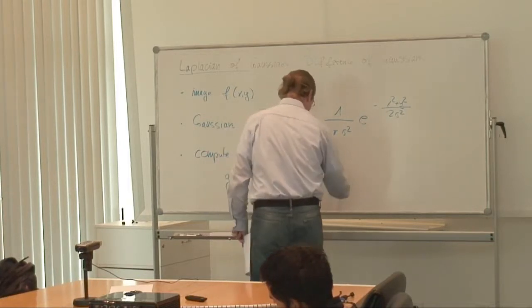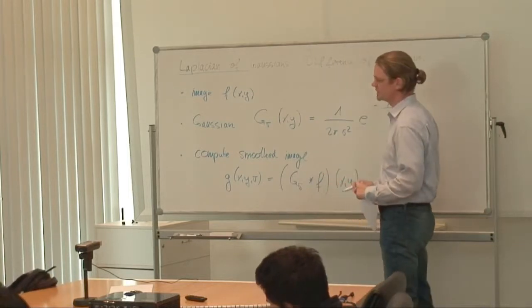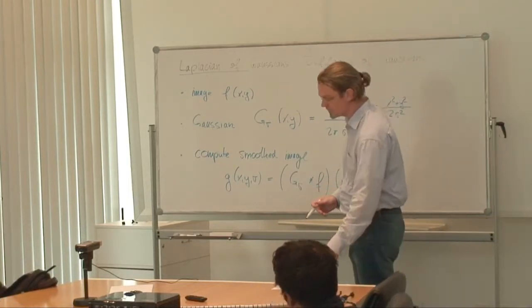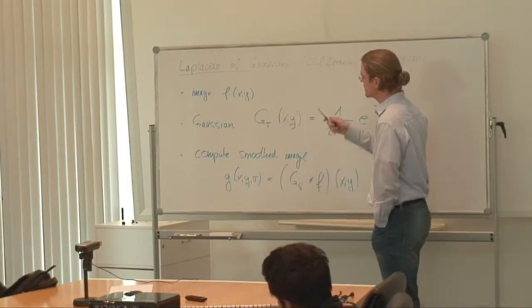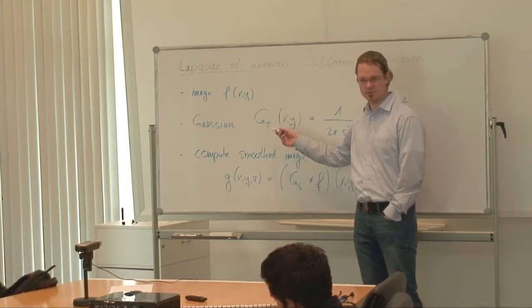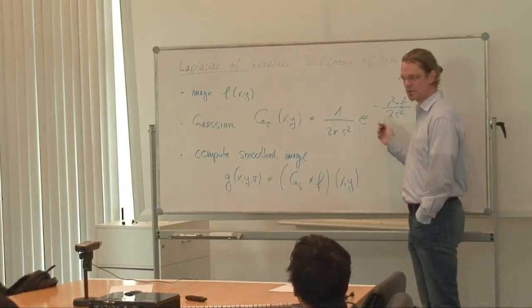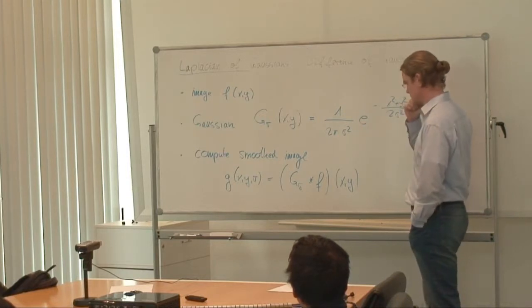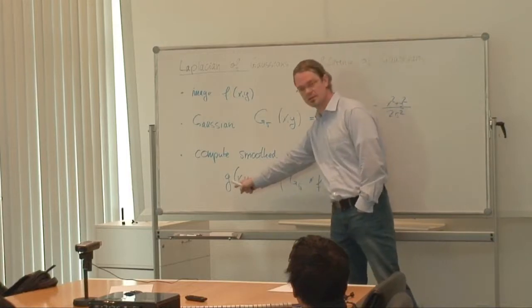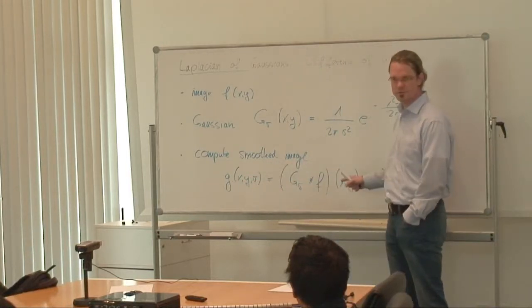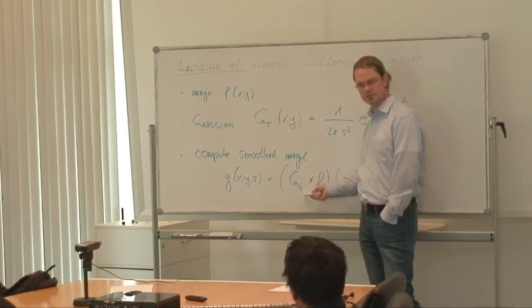If we convolve the image f of x and y with the Gaussian g of x and y, which has a third parameter, namely sigma, which plays an important part in the definition of the Gaussian, then of course the result g of this smoothing operation will look different for different choices of sigma.